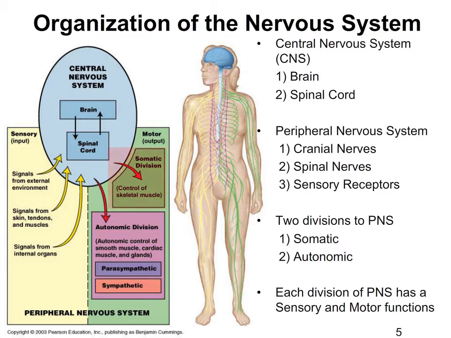The somatic division mainly controls skeletal muscles, so this would be the division that controls voluntary contraction of your biceps muscle, quadriceps muscle, and so on. On the other hand, the autonomic division controls involuntary body functions. That is, things like heart rate, blood pressure, things that your brain and spinal cord are controlling via motor impulses, but which you don't have conscious control over.